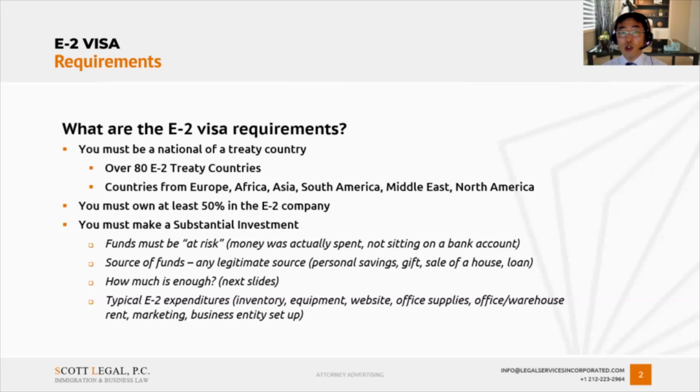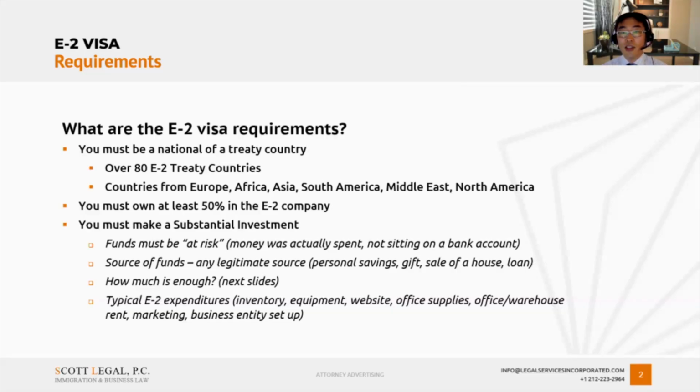The typical E2 expenditures. This bullet point is to show you how you should spend your investment for the purpose of your E2 visa application. You do not want to spend several $100s for a beautiful dinner with a potential business partner and claim it as a business expense for your E2 case.